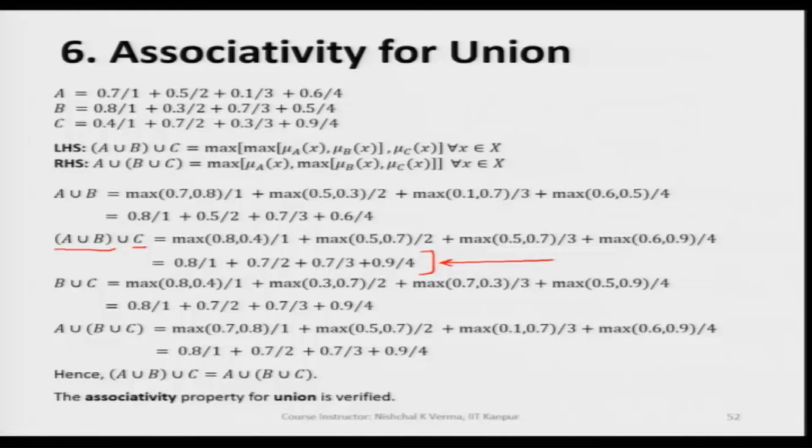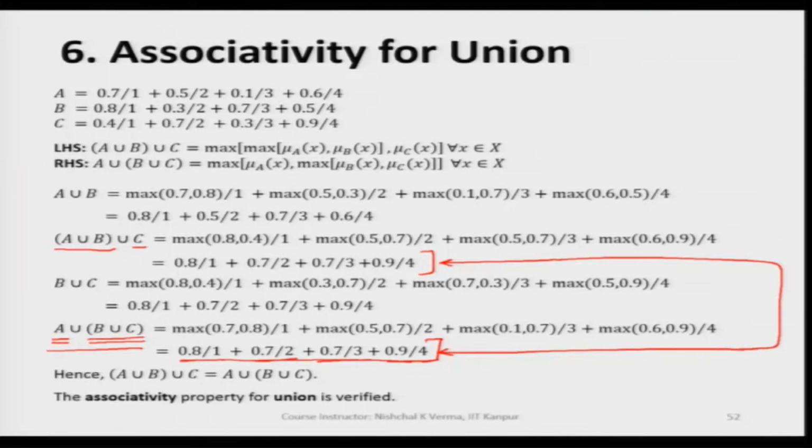And when we find A union the fuzzy set which we have got as a result of B union C, if we take this thing, we get the outcome here as 0.8 oblique 1, 0.7 oblique 2, 0.7 oblique 3, 0.9 oblique 4. So, if we look at these two outcomes, we see that these two are equal, these two are same.